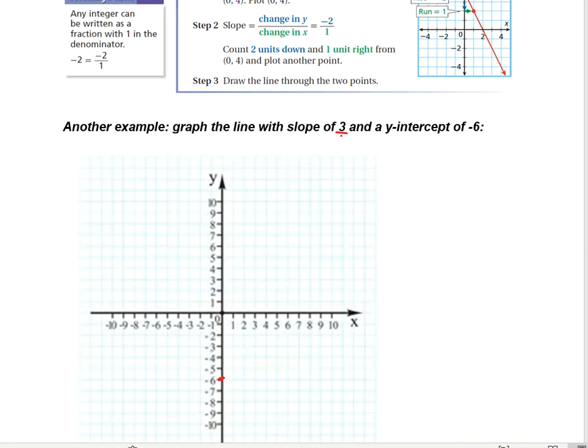So I'm just going to grab a line tool. That's not a line tool. Erase that mess. Try that again. I'm trying to insert a shape and I'm going to get a line. Let's see if this works.